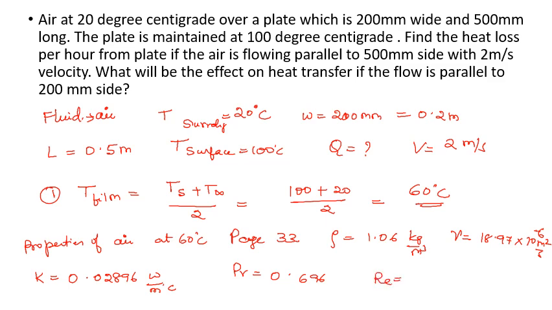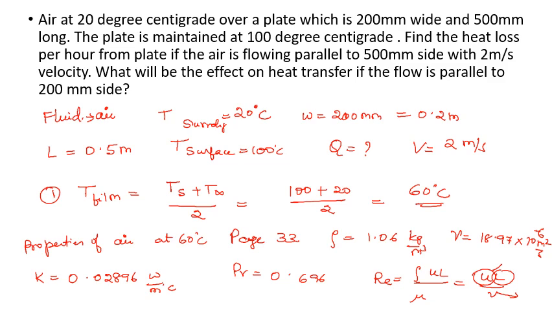With these values, I am supposed to find out the Reynolds number. The Reynolds number is found using the formula rho UL by mu, or I can use UL by nu, where U is the velocity, L is the length, and this is the viscosity.